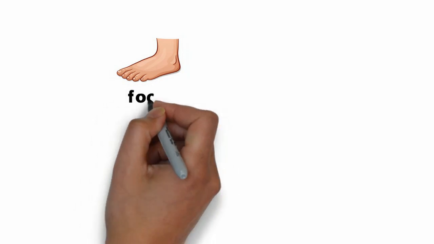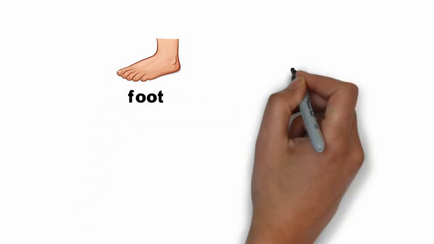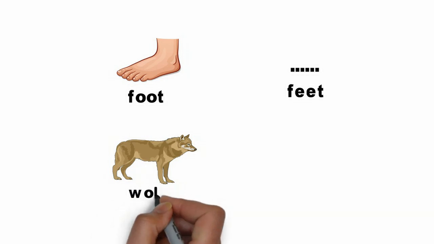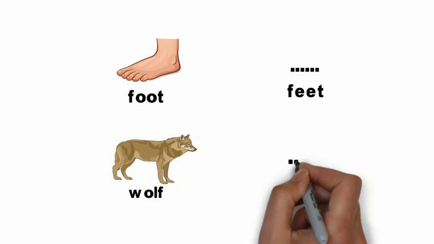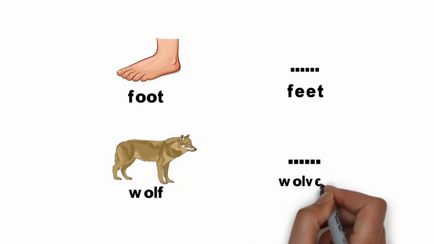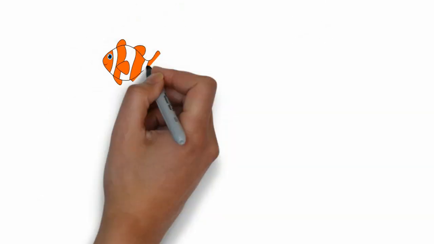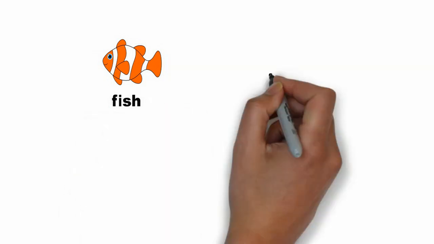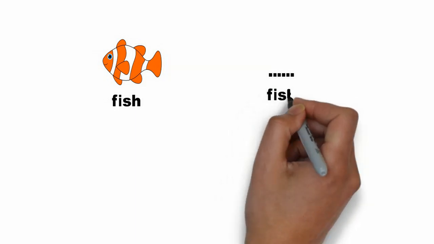Foot, what's the plural noun? Correct, feet. Wolf, what's the plural noun here? Good, wolves. We add ves and drop the f. Fish, what's the plural noun of fish? It remains the same, correct, fish.